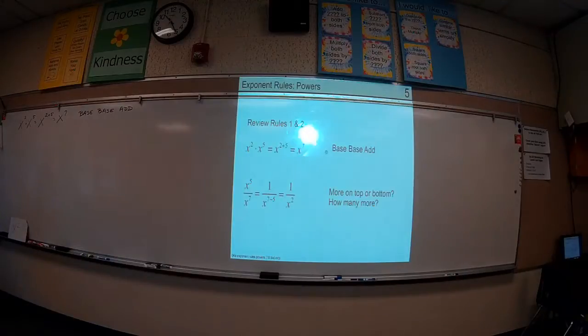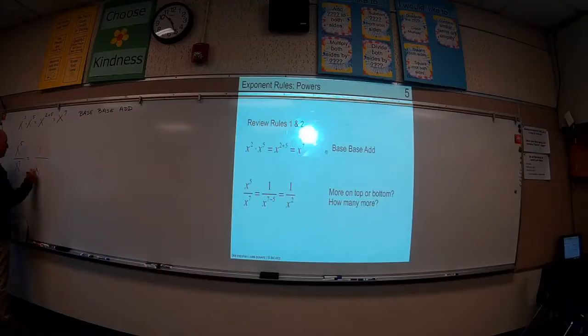That's base add. Our next one is division, and it would be something like x to the fifth over x to the seventh. This is where I start asking myself, do I have more on the top or the bottom? Bottom. How many more? 2 more. It's actually a subtraction problem. It means 1 over x to the 7 minus 5.